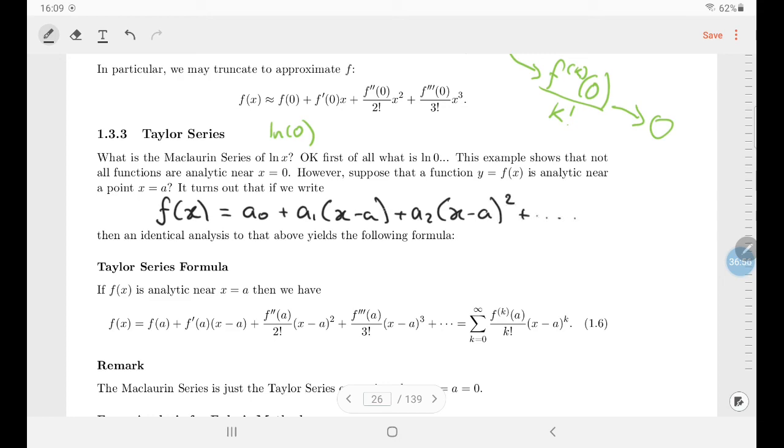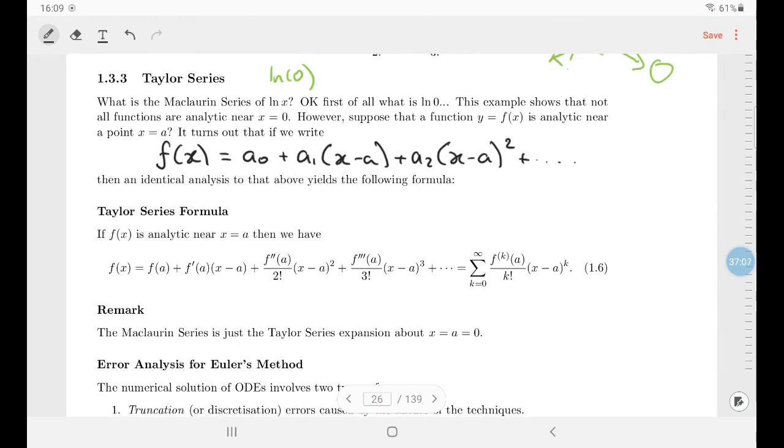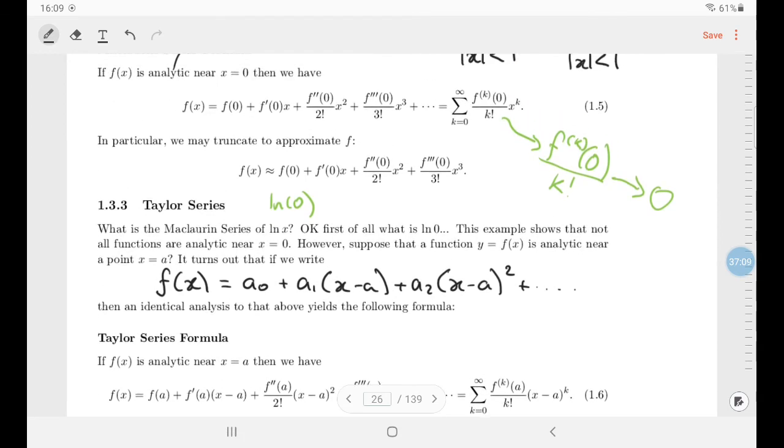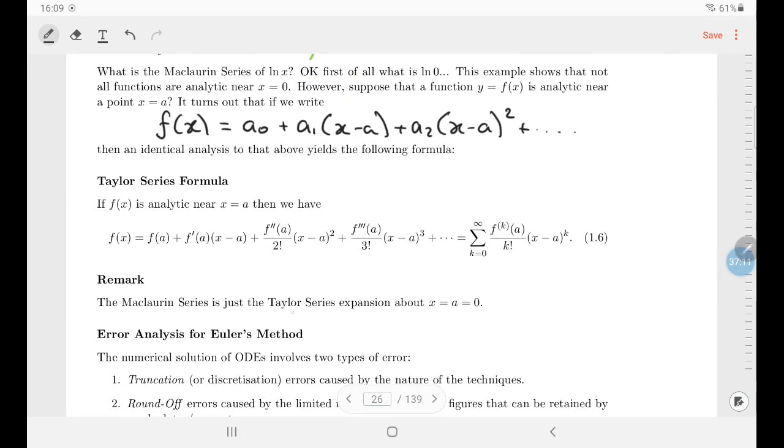The constants are very similar, it's just that you evaluate them at a rather than at 0. So for example, log of x, that's how you do it. So there's just a relationship between these. Maclaurin is just this formula basically around x equal a.